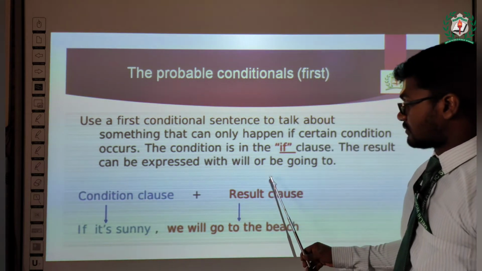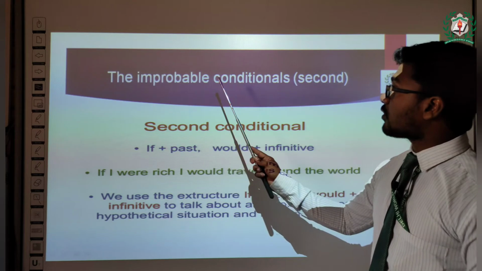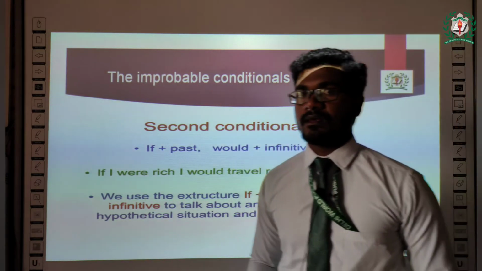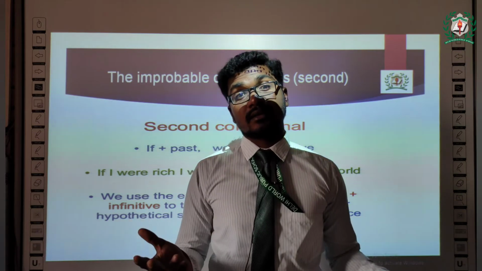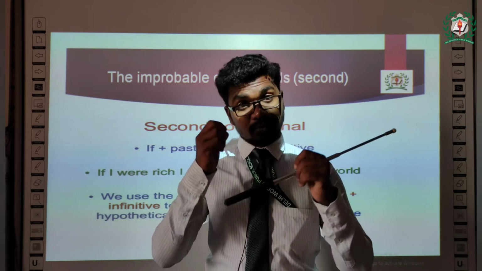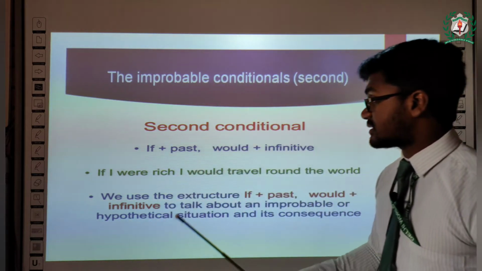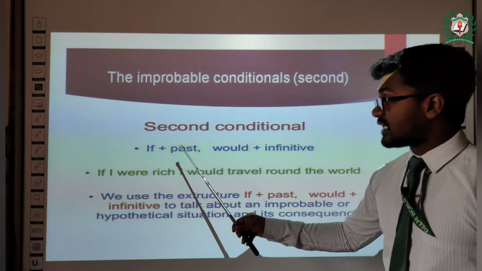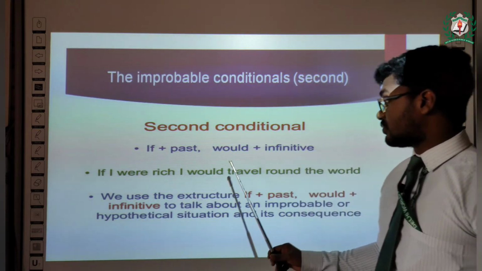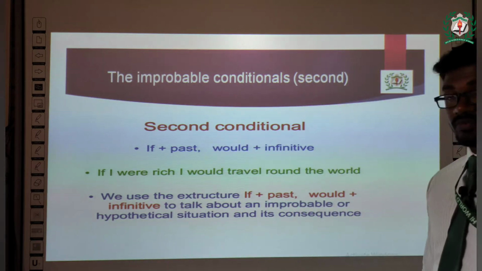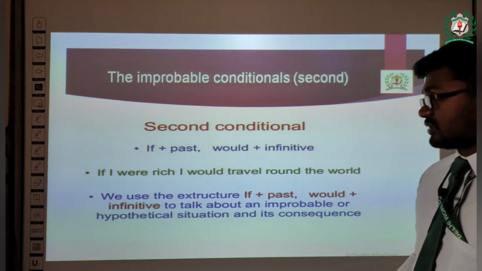Second, the improbable conditions. What is improbable? It cannot happen. Most probably it cannot happen. Let's see. The formula is what? If plus past, we have to use would plus infinitive. The result would be would plus infinitive. Let's see.